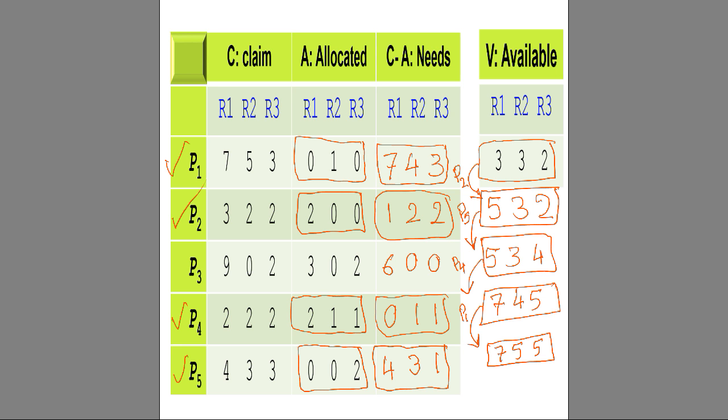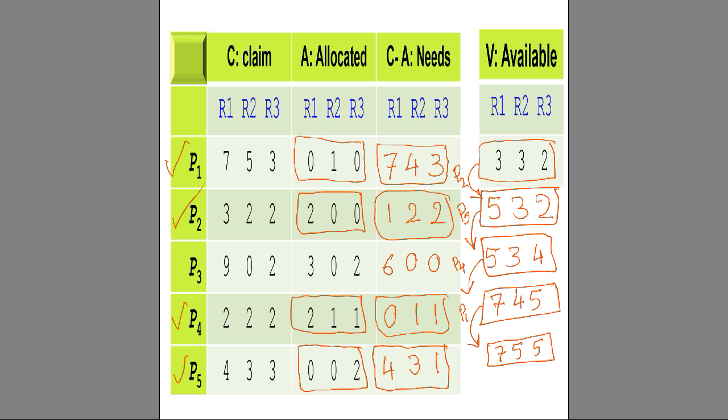So now with the new availability 7, 5, 5, and process P3 remaining that has not been given a chance to complete yet, can we fulfill its demands?